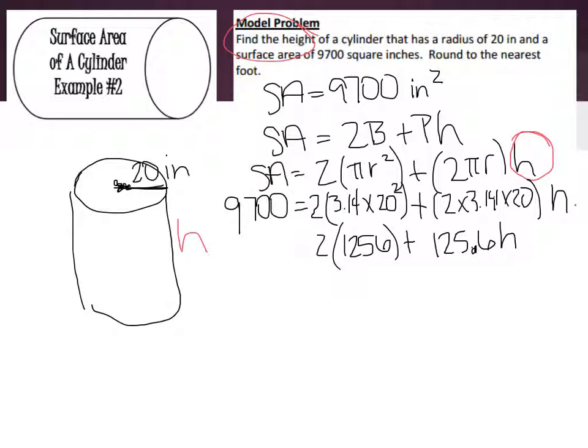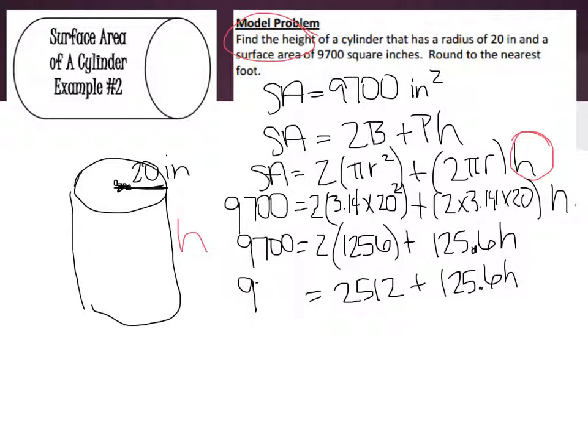We are looking for H. We are just simplifying one step at a time. Now, since each base was 1,256, when I multiply that by 2, the two bases together would be 2,512 square inches. We still have our circumference or our perimeter, they're the same, times the height, and this has to equal a total of 9,700.